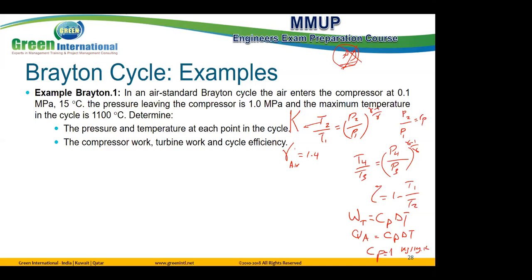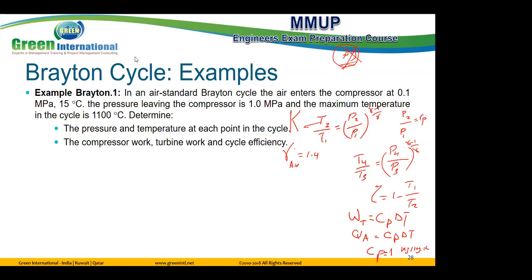Anyone get anything? Temperature, pressure, efficiency 80%.